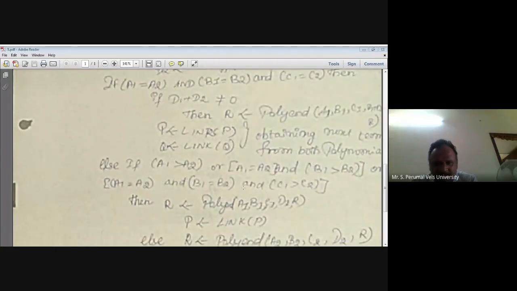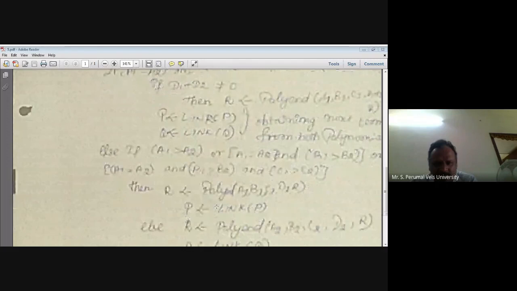The constraint in this means the first term is the greater value. So therefore, R is replaced with the first values A1, B1, C1, D1 in the resultant polynomial.